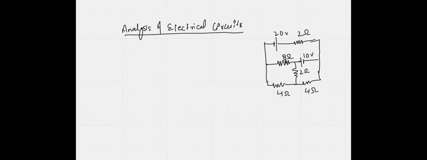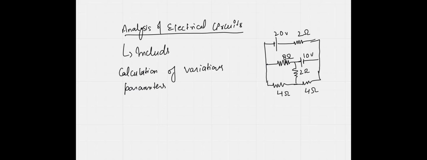So basically, Kirtana, you can say that in this circuit I have two batteries and some resistors, right? So when we do circuit analysis, circuit analysis includes calculations of various parameters of the circuit.